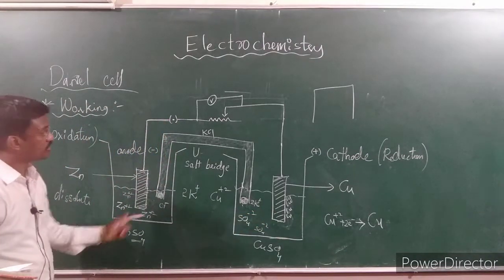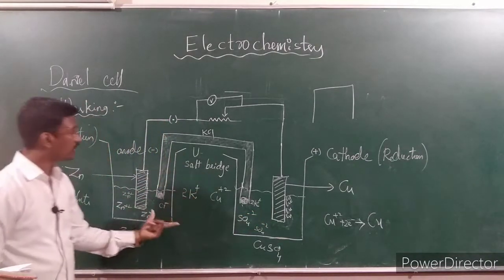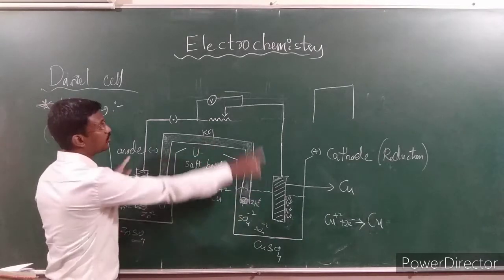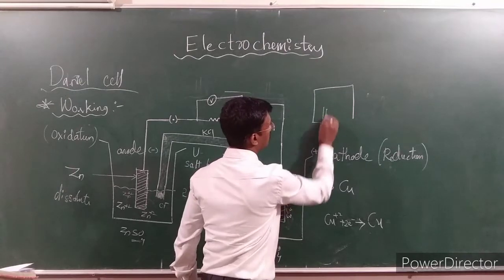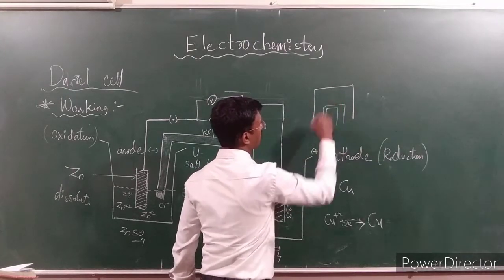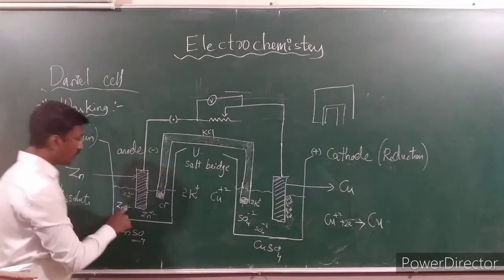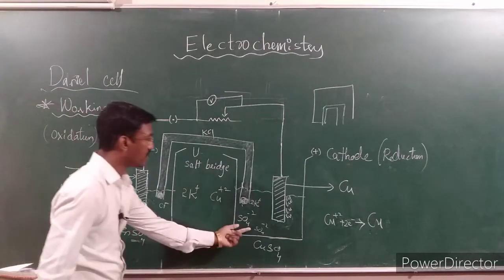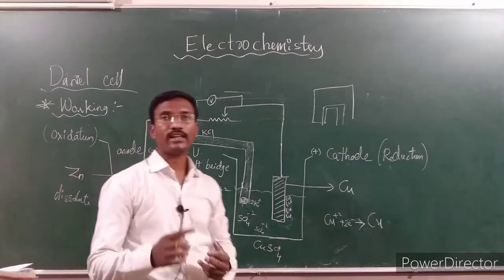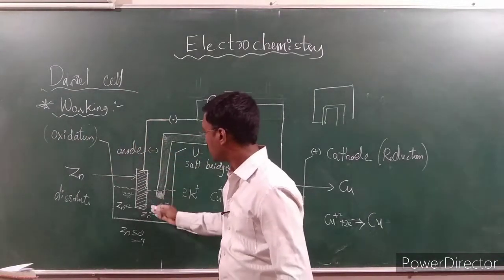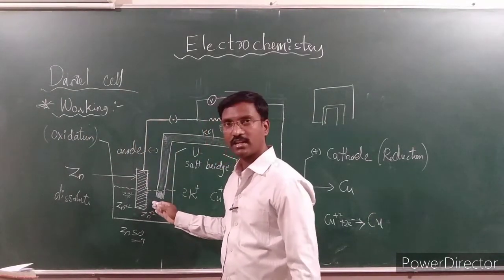One condition: the salt bridge is used to make the circuit complete. To make the circuit complete, we are using the salt bridge. Another is to neutralize the cations and anions in the anode and cathode. At the anode, the zinc cations are increasing.